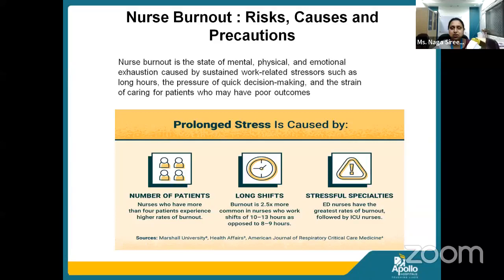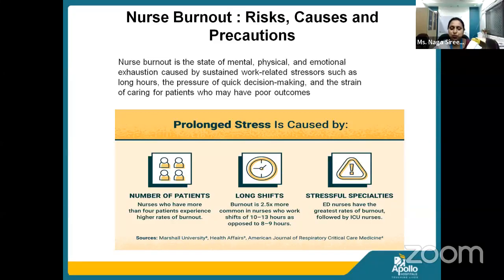Sometimes, because of attrition, we give the nurses more patients, so the ratio is higher. Sometimes there are long shifts, I agree. There are times when we tell them only 12 hours, but if they do 12 hours at night, it is very hectic for them. And at night, no matter what, if you don't stay up for a long time, and it is daytime, however much you want to sleep, you won't be able to sleep.